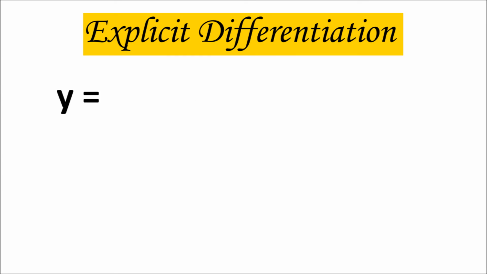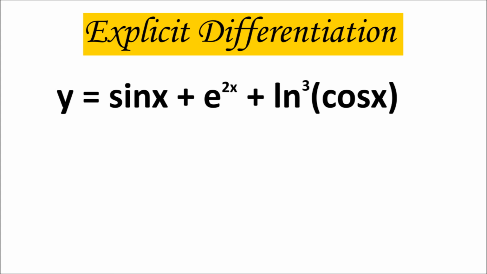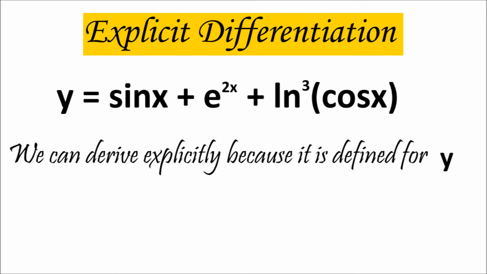Y equals sin x plus e to the power of 2x plus the natural log cubed of cosine x. This means that this equation is explicit. Now I must find the derivative of this equation. Now I must use trig derivatives to find sin x, which would be cosine x.